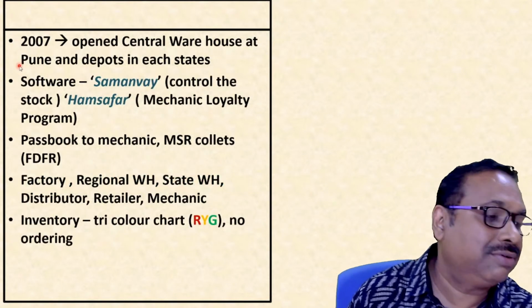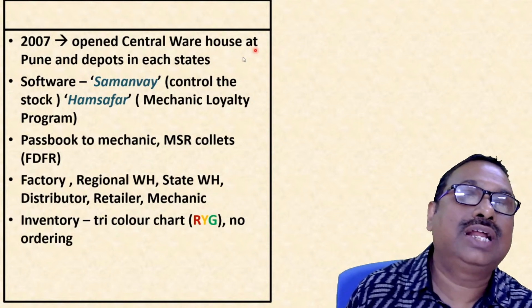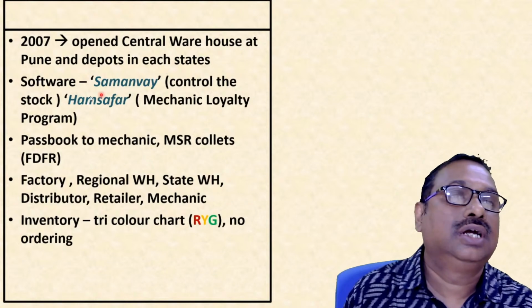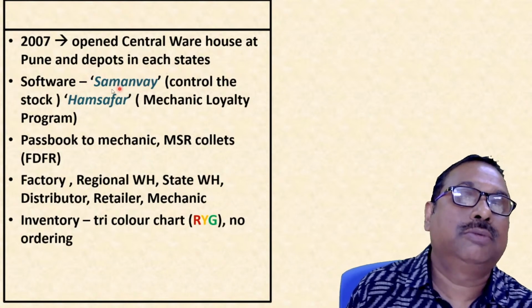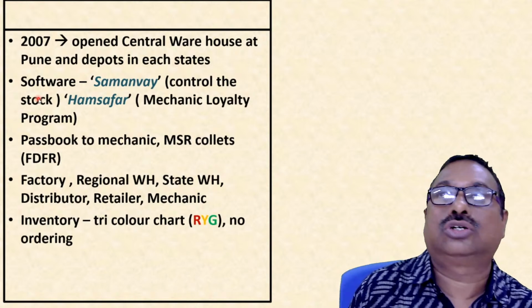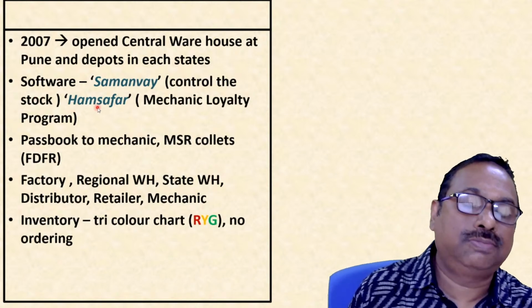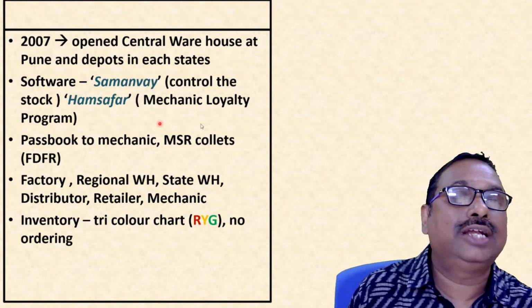In 2007, they opened central warehouses at Pune and depots in each state. There is a software called Samanvay software, which controls the stock of distributors, and Humsafar software is also there. Then there is a mechanic loyalty program.